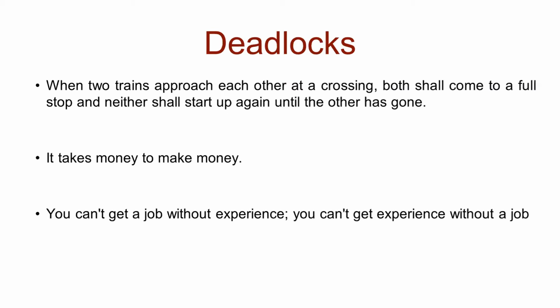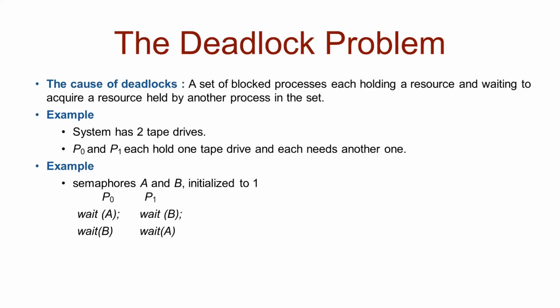Now we will discuss deadlock in terms of processes. Now what is the deadlock problem? A set of blocked processes, each holding a resource and waiting to acquire a resource which is held by another process. If there are three processes, P1, P2 and P3, P1 is waiting for some resource which is held by P2.